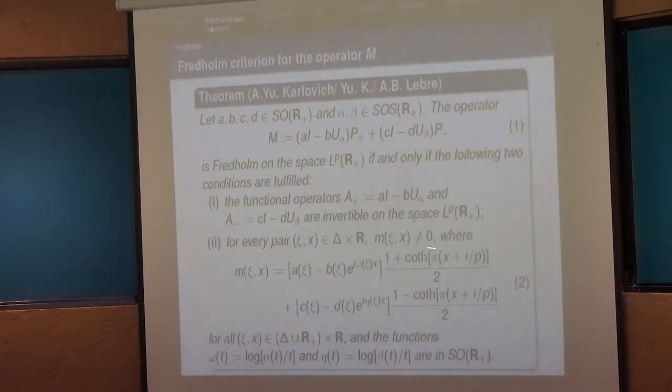By the way, this function is a symbol of the Cauchy singular operator in the space L^p on the real positive half line. So we have such two conditions of Fredholmness. But to obtain these conditions, we need to use pseudo-differential operators with more general classes of symbols.